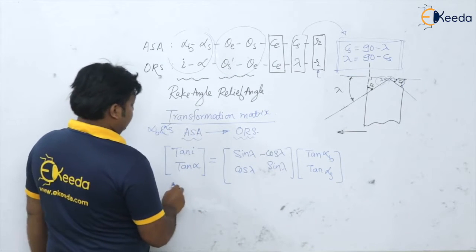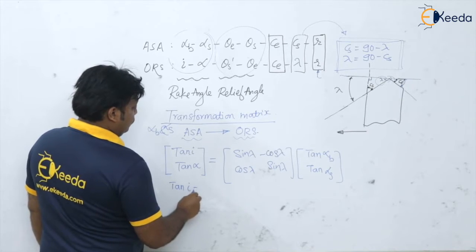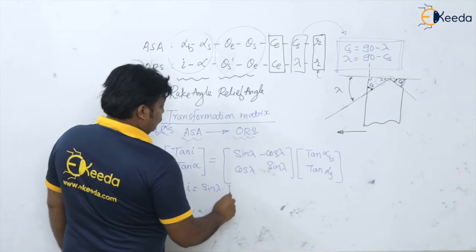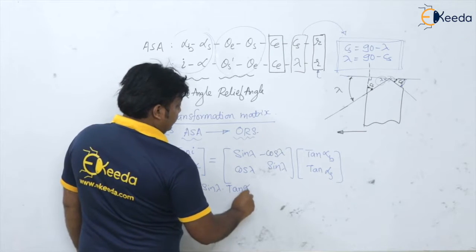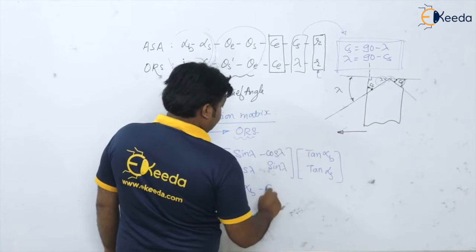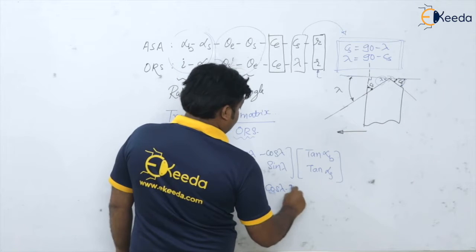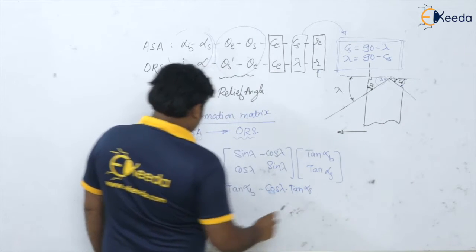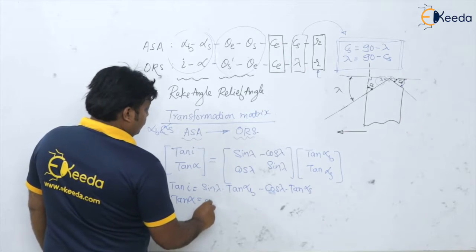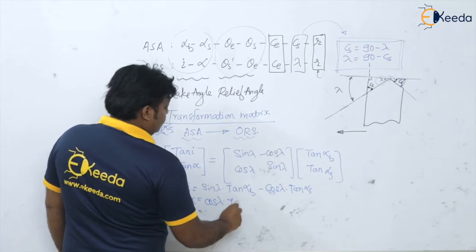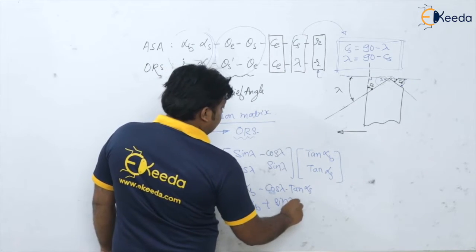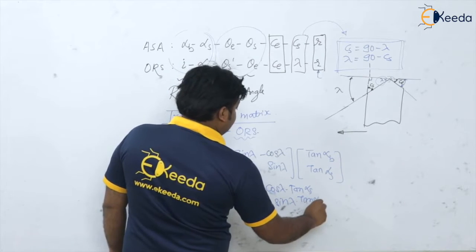From this, how can we write? tan I is equal to sin lambda into tan alpha b minus cos lambda into tan of alpha s, or tan alpha is equal to cos lambda into tan of alpha b plus sin lambda into tan of alpha s.